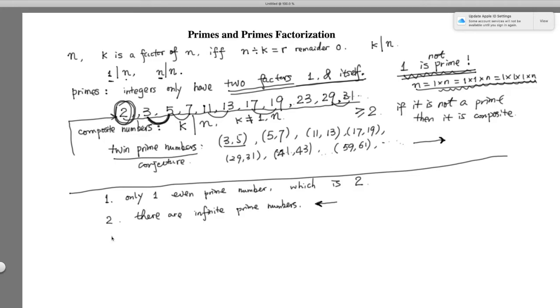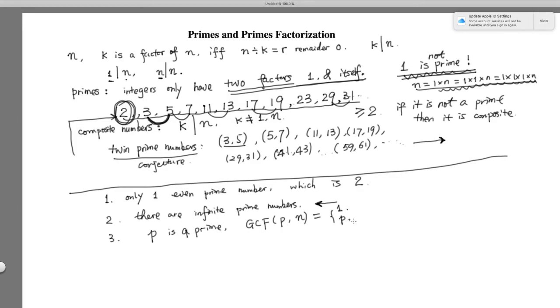Third, let's see. If P is a prime number, then the greatest common factor between P and any number n can be either 1 or P. It cannot be anything else.